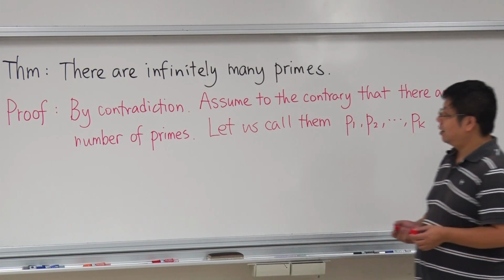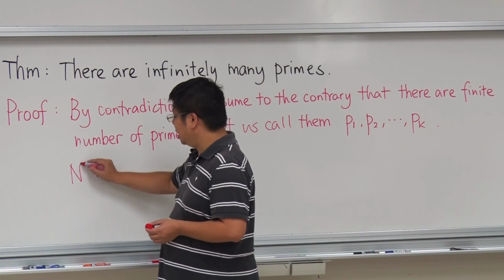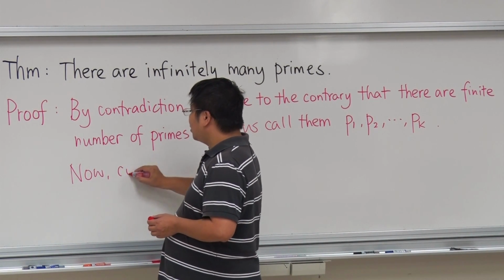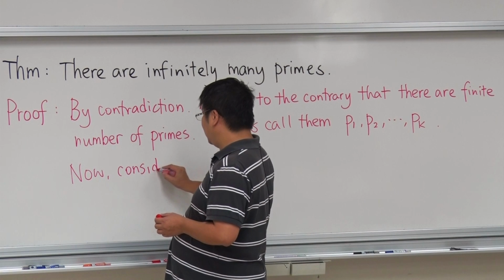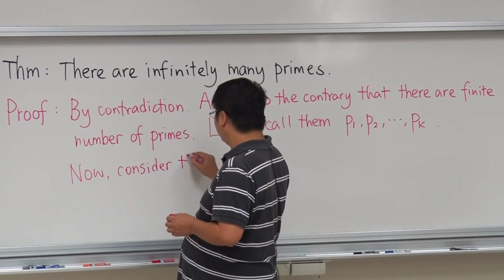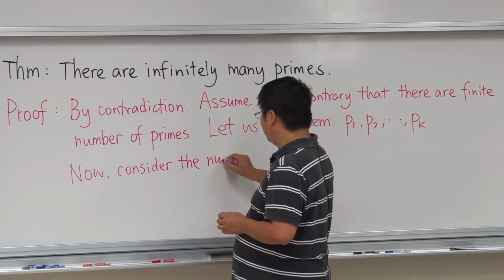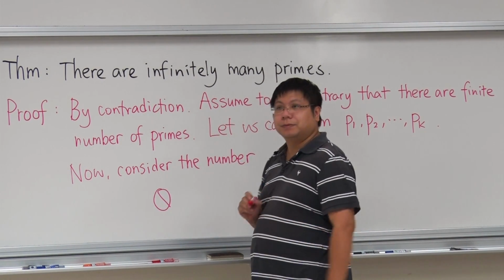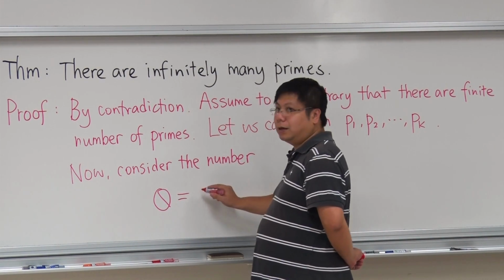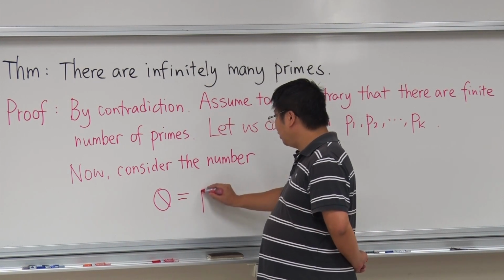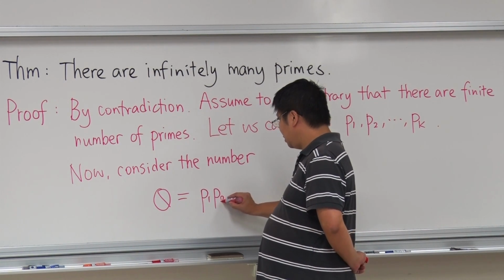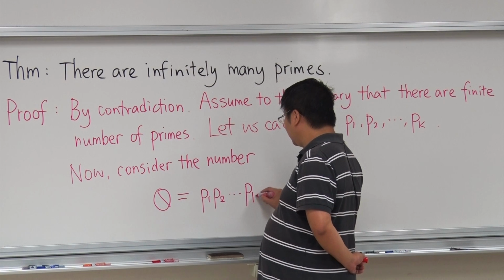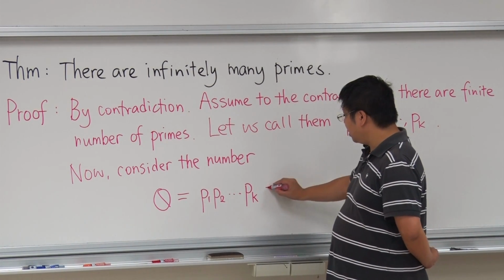Now, let us consider a new number. This number is q, and it is equal to the product of all of these primes multiplied together, plus 1.